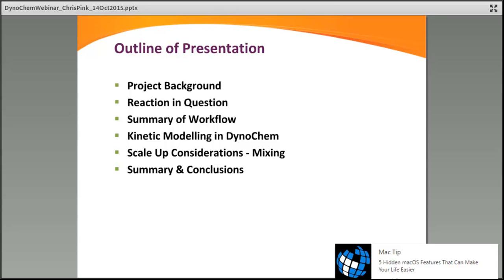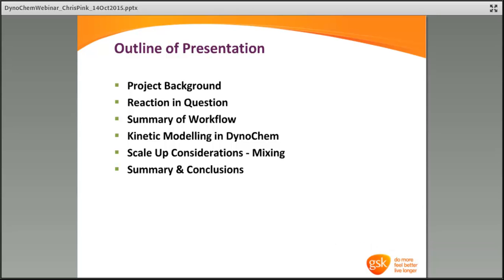So today I plan to talk about some of the scale-up work I conducted for a project where we had a genotoxic starting material that was used in a biphasic reaction.